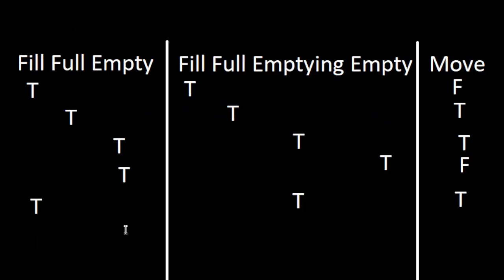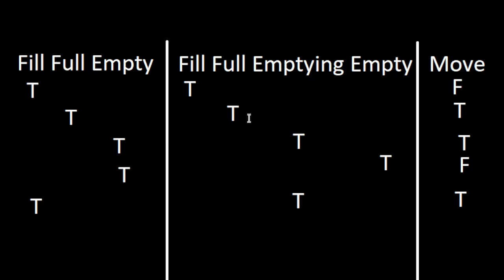Okay, I've organized everything into an easier chart to read. So the button can be filling, it can be full, it can be empty. The box can be filling, full, emptying, or empty, and it moves. So while it's filling, the box is filling, and it's not moving.